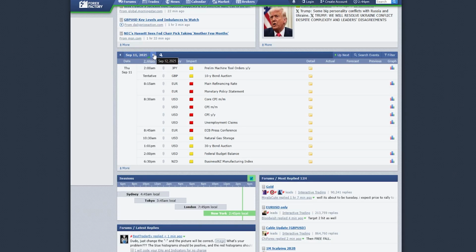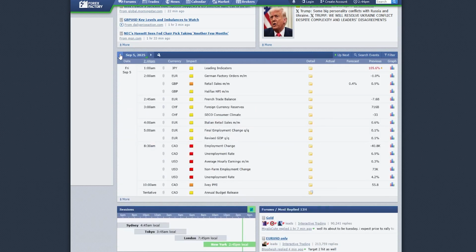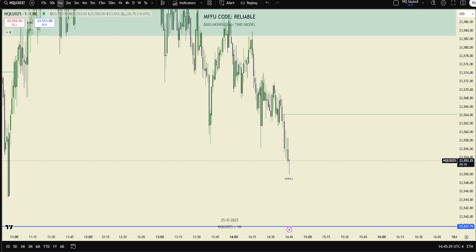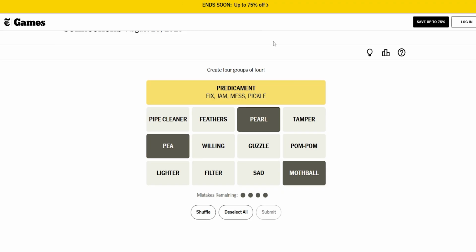September 11th. Is it next week NFP? Yeah, it should be. September 5th. Yeah, next Friday. NFP is next Friday, so I guess that would be the next potential time.